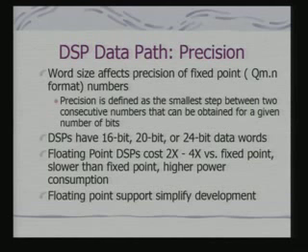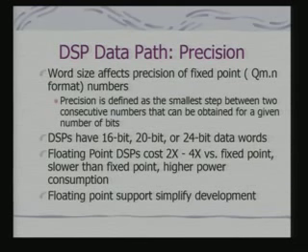And in fact, you will find that these fixed point processors use QM.N format numbers, where N is the number of bits allocated for the fractional part, M for the integer part, and it is not really a floating point representation, it is a fixed point representation.